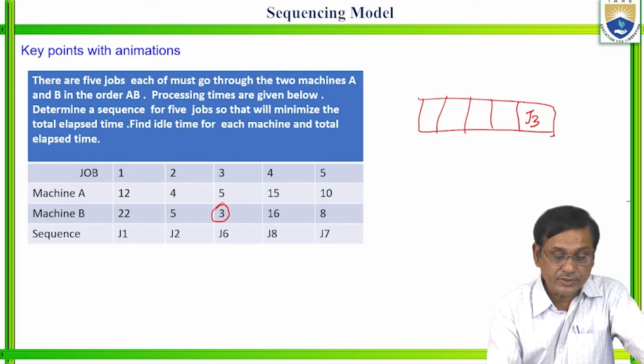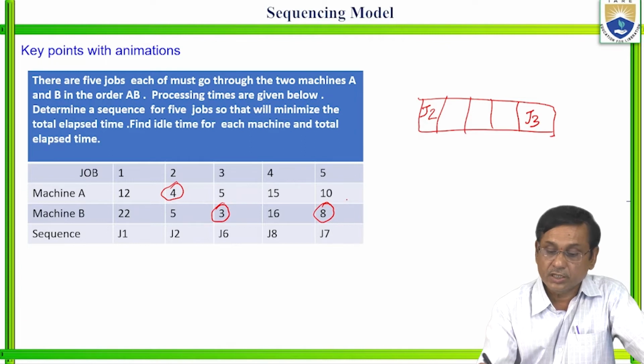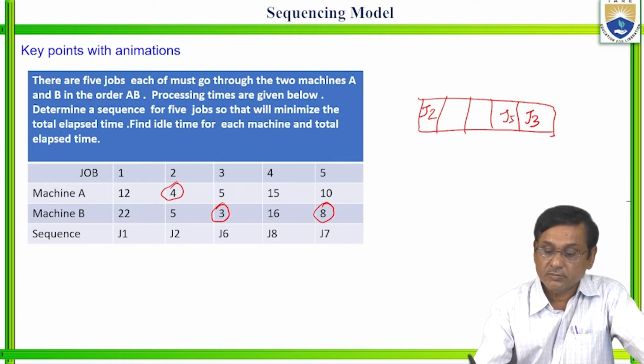Then the next lowest is 4. That corresponds to machine A, so you write J2 first. Then the next lowest is 8. So consider this fifth job at the fourth place, because from the last we have to consider.